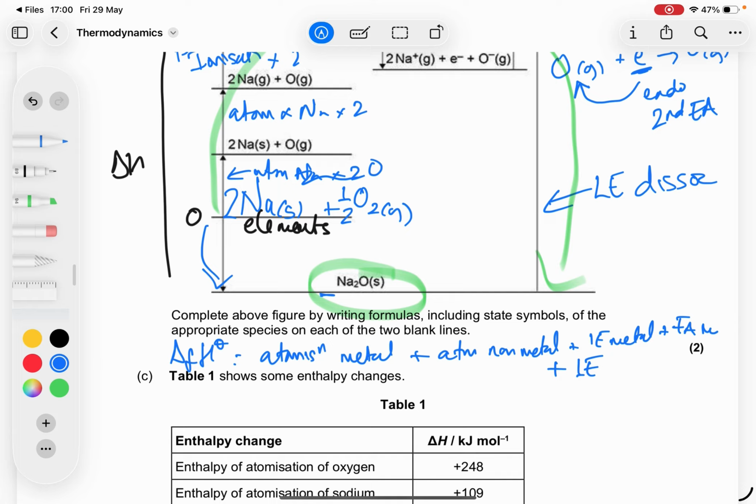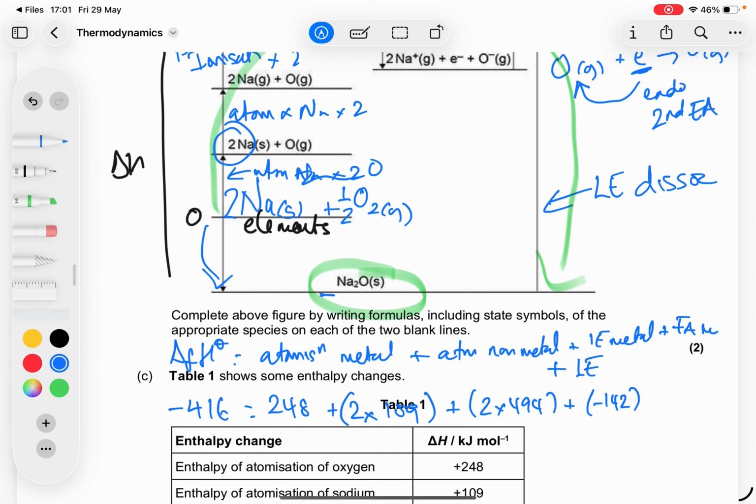Then you've got to look at, is there a 2 somewhere. So you go minus 416 equals atomization of oxygen and 2 times atomization of sodium and 2 times ionization of sodium and first electron affinity of oxygen and second electron affinity of oxygen and X. That X is actually lattice enthalpy of formation.